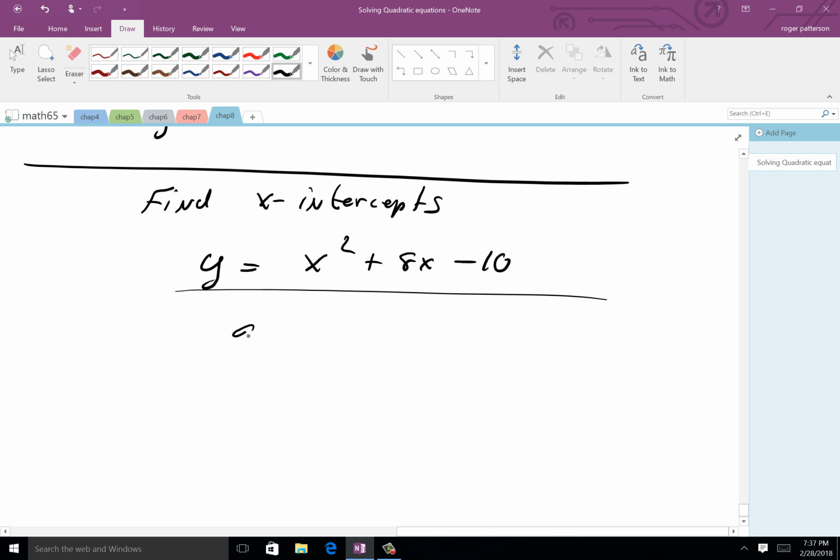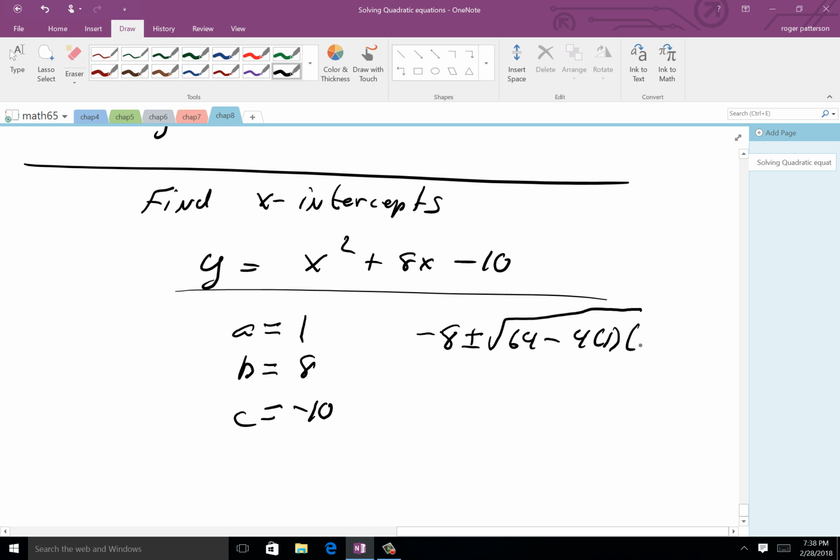Because the quadratic formula also tells us what those x-intercepts are. So if I go 1, 8, negative 10, and I use the quadratic formula, it tells me what those x-intercepts are, because I remember saying to you that if you want to check your answers, you can use Desmos to do this.